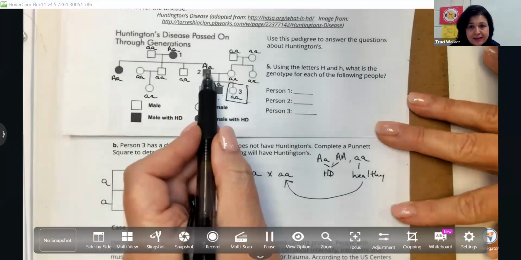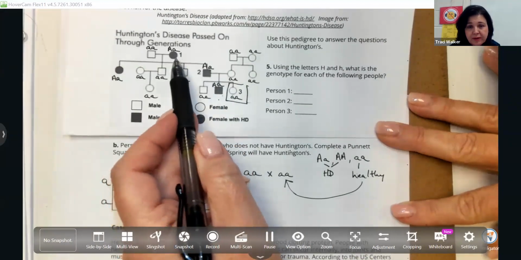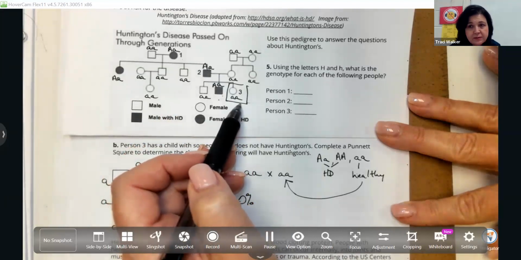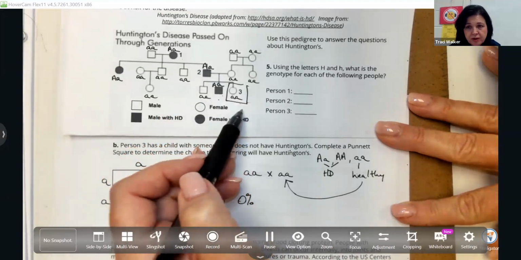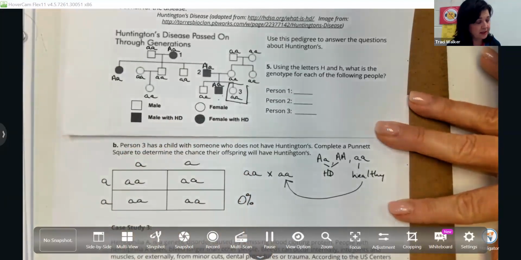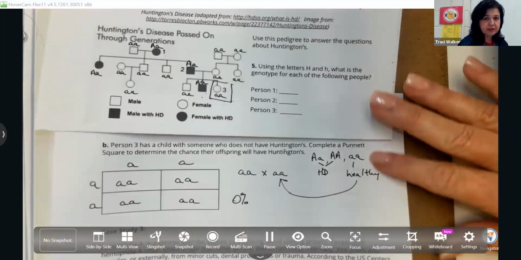Even though their dad and their grandmother have it, if they marry someone that doesn't have it, their children are not going to have it. So that's good news, and that's how a pedigree can be used to help people.